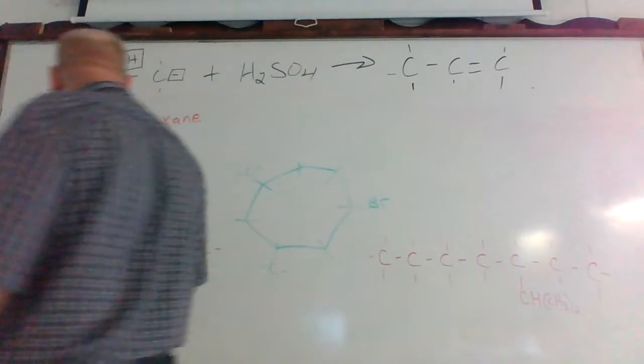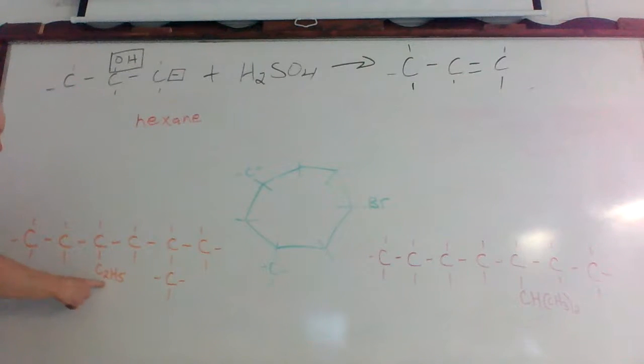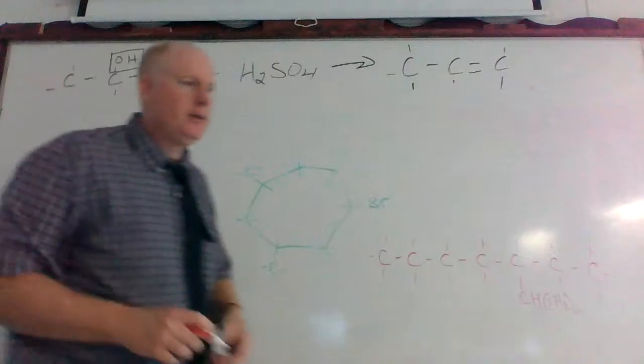Now, what that means is that you can write out the molecular formula. There's nothing wrong with just saying, I would rather see this instead. These mean the exact same thing, because you notice you have 2 carbons, 5 hydrogens, C2H5.